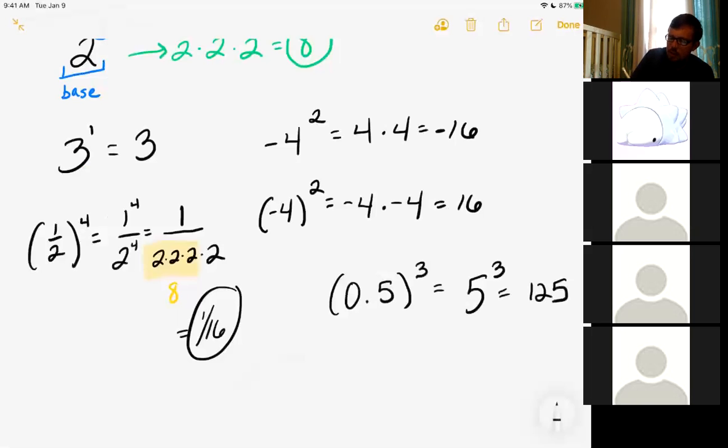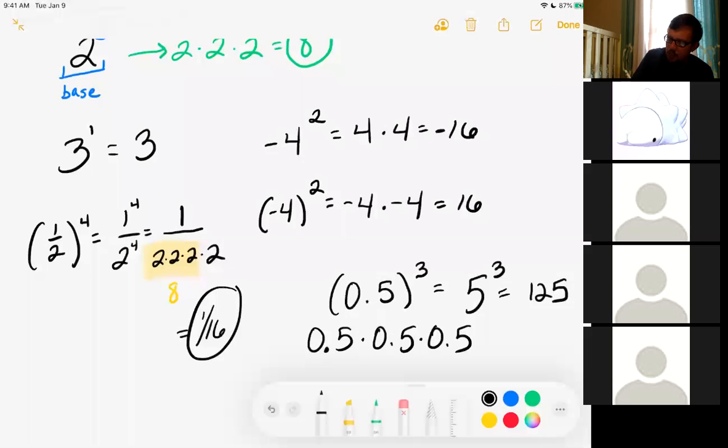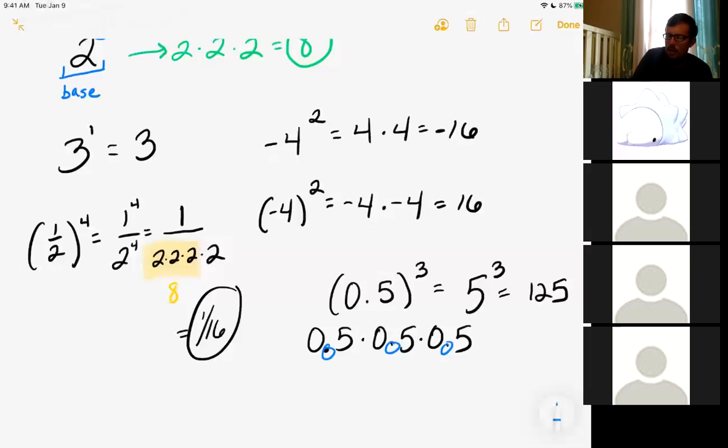And just remember that our problem has 1, 2, 3 numbers after the decimal. So our answer should have 1, 2, 3 numbers after the decimal, and the answer would be 0.125, which is all right.